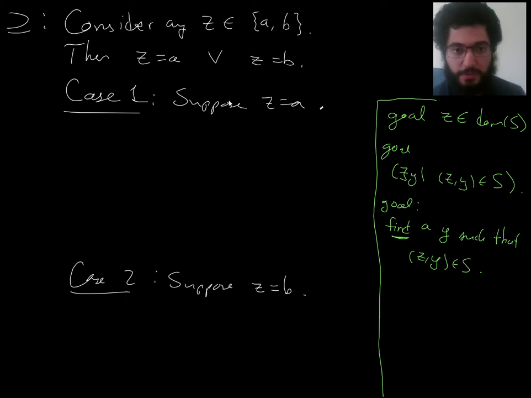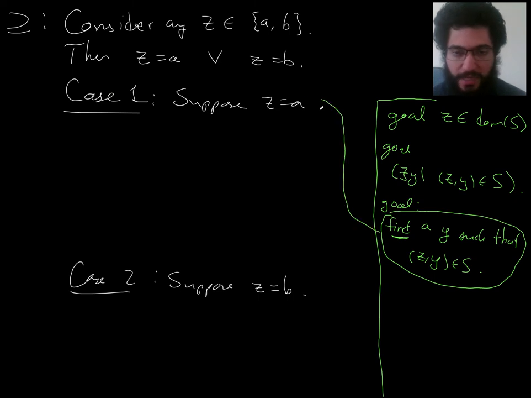Okay, I'm in a situation where z is A, so why don't I just call it what it is? So this goal here, finding a y, was my goal from the very beginning, regardless of which case I was in, right? That was my goal way up here, right after I considered any z.